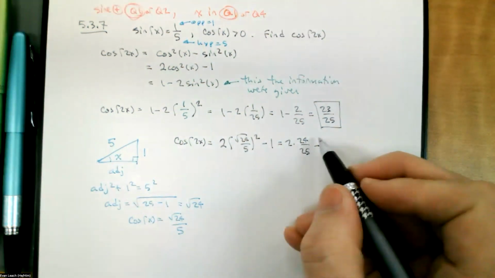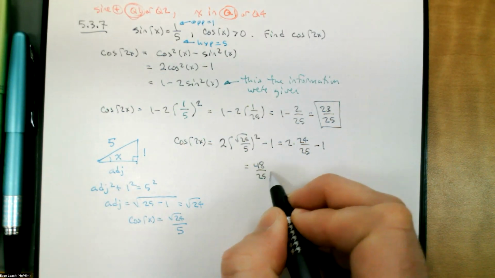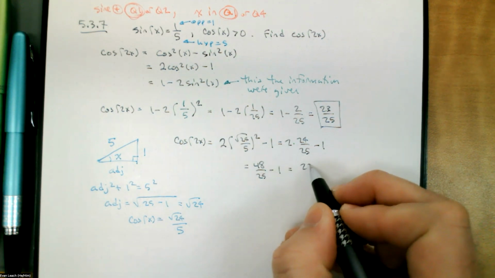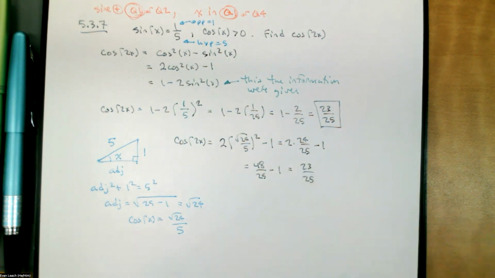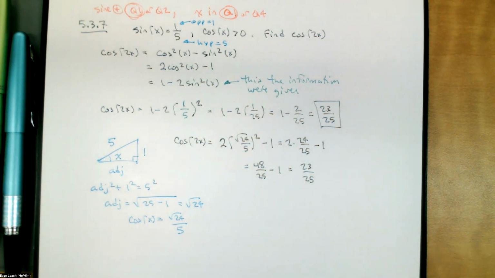So this is going to be 48 over 25 minus 1, and 48 minus 25, 24. We could do the same thing. 25 times negative 1 plus 48 is 23.